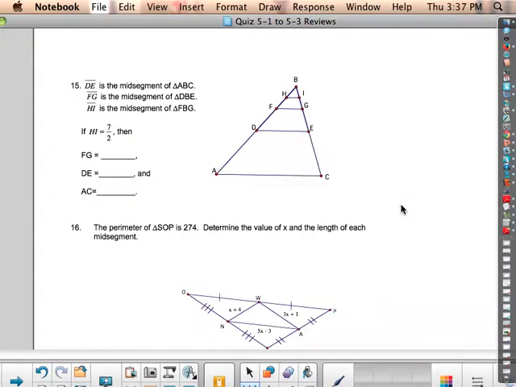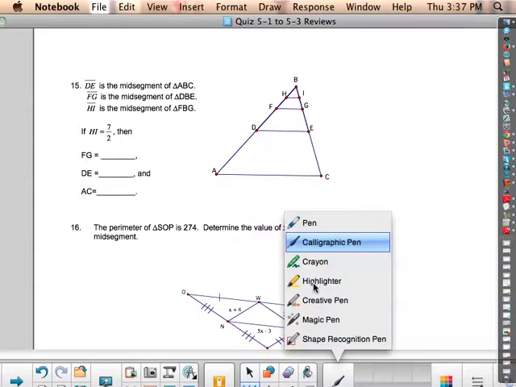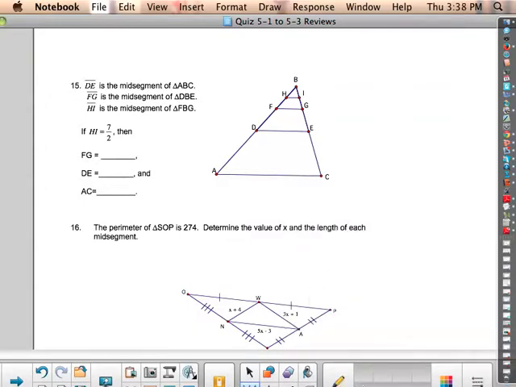Okay, let's take a look at question number 15 now. It tells you that DE is the mid-segment of triangle ABC. So let's take a look at that triangle ABC.